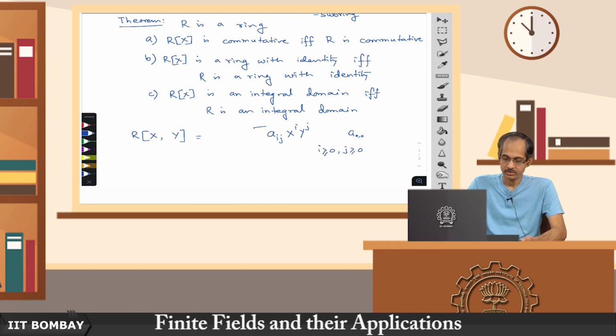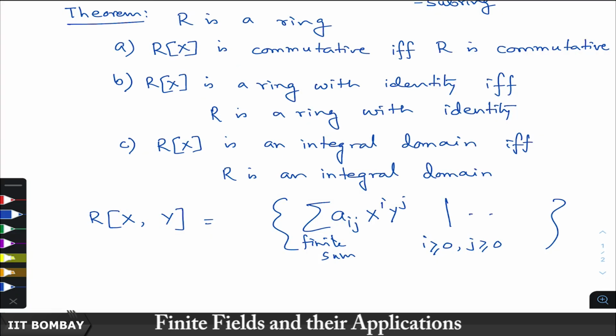So, finite sums of this form. This summation has a finite number of i,j for which a_ij is non-zero. This is a finite sum, and the a_ij's are from R.